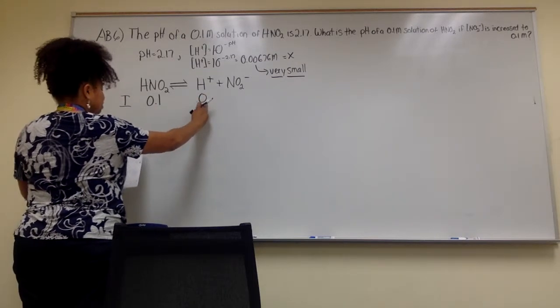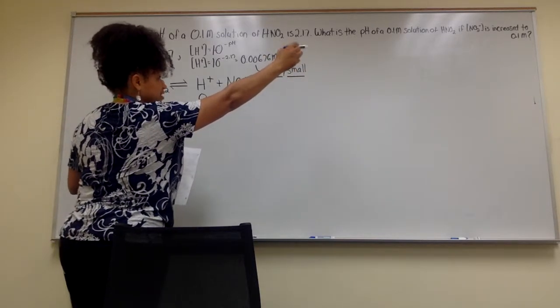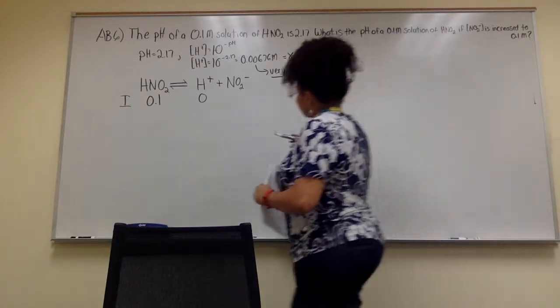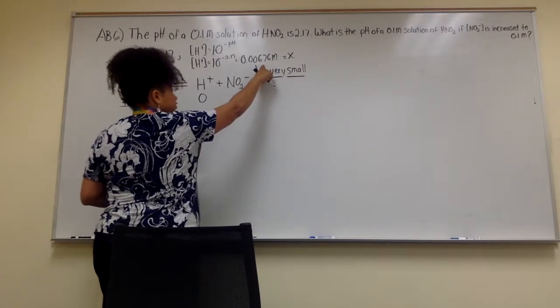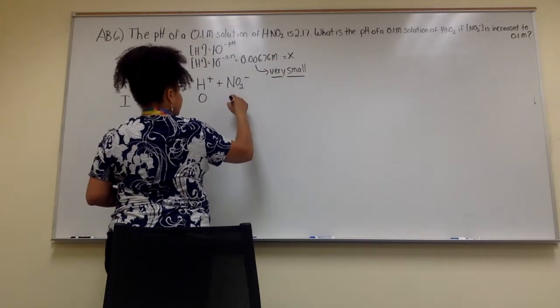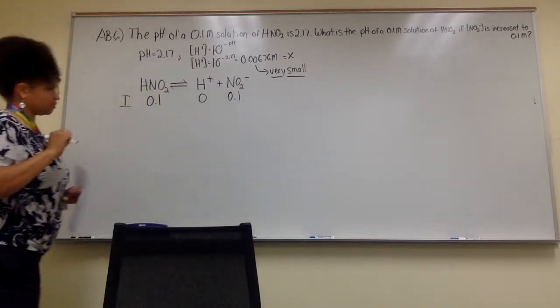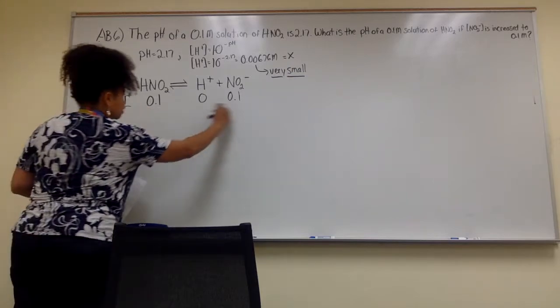And since this is nearly 0, and we are given that we're starting, that's increased by this 0.1 molar, it would be X plus 0.1 molar. But like we said, X is really small, so we're assuming that we are initially just starting with 0.1 molar NO2. So this is what we're initially starting with.